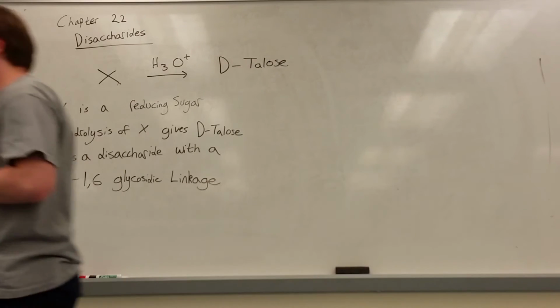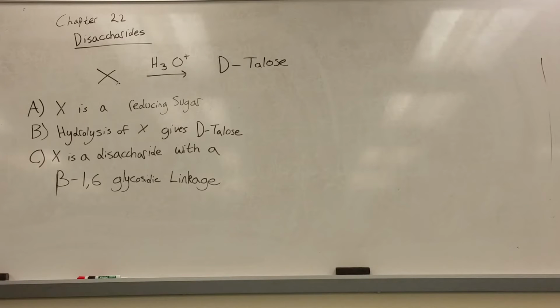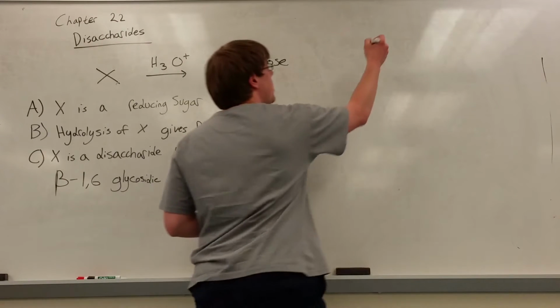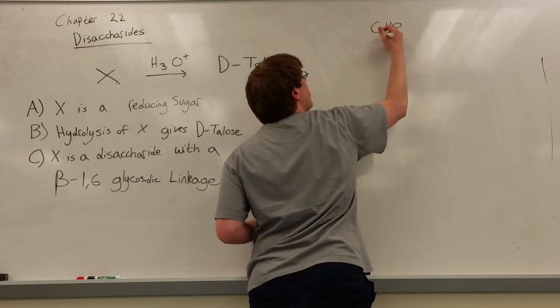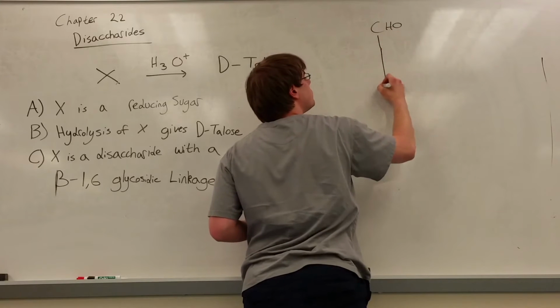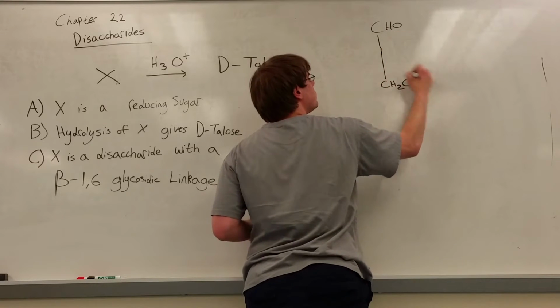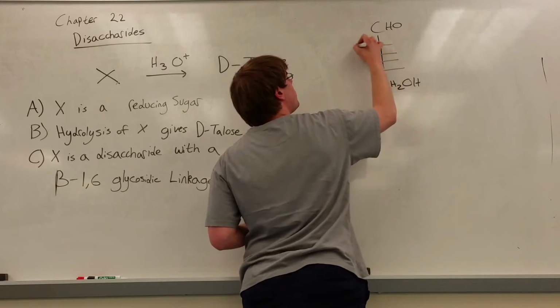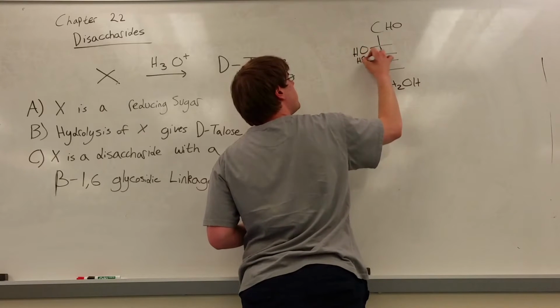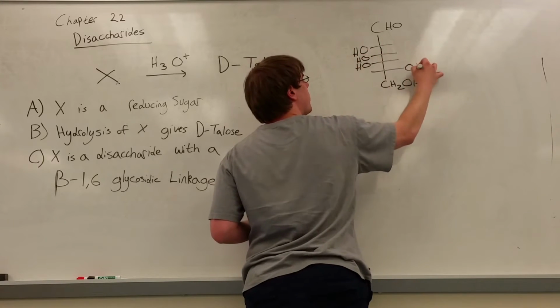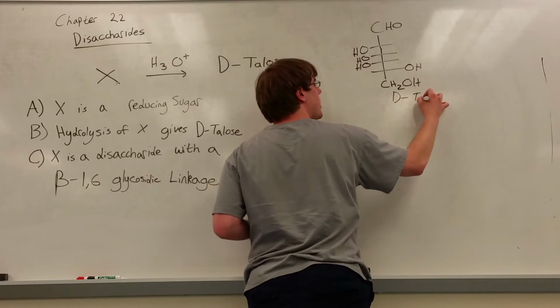So first of all, let me pull up the structure of D-talose because I don't have it committed to memory. D-talose is 3 on the left, 1 on the right. So D-talose looks like this. One, two, three, four. 3 OHs on the left, and then the last one on the right. So this is what D-talose will look like.